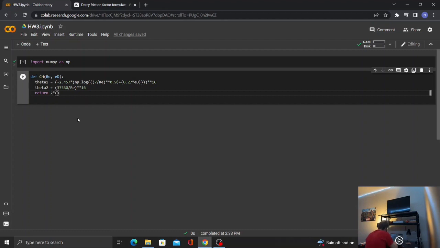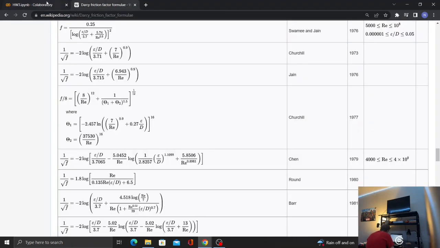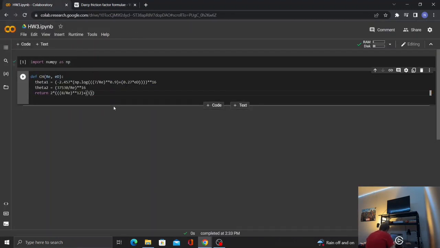So 2 times 8 over Reynolds number to the 12th, plus 1 over theta 1 plus theta 2 to the 1.5.